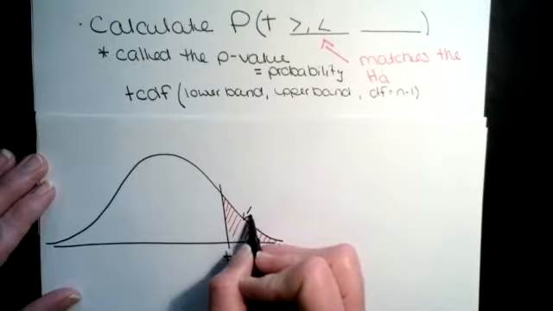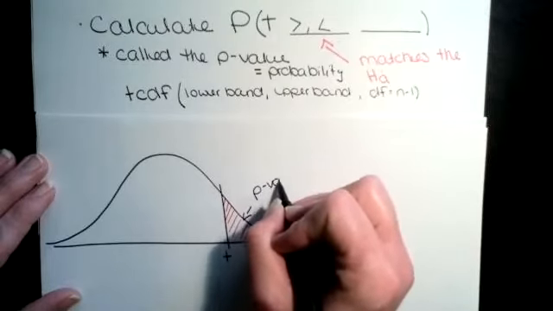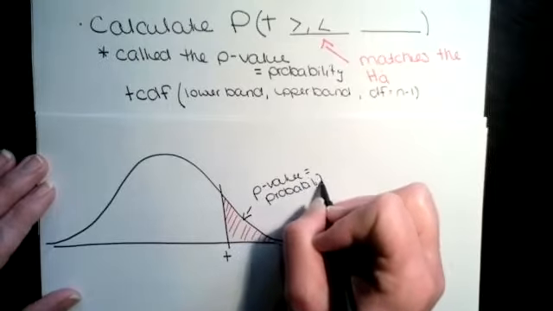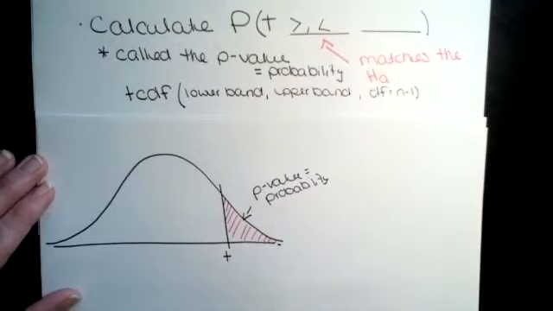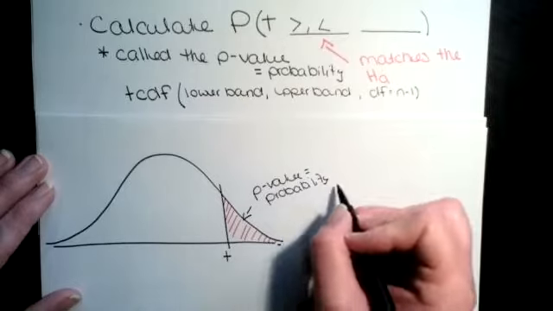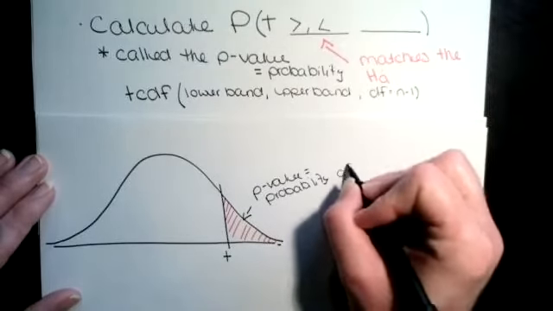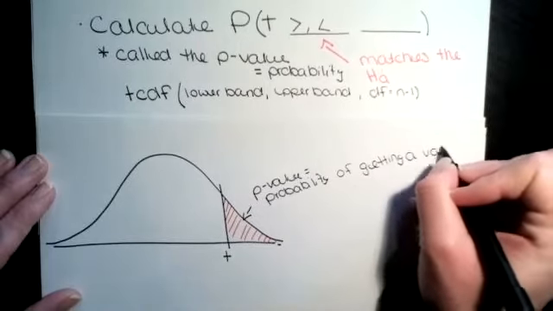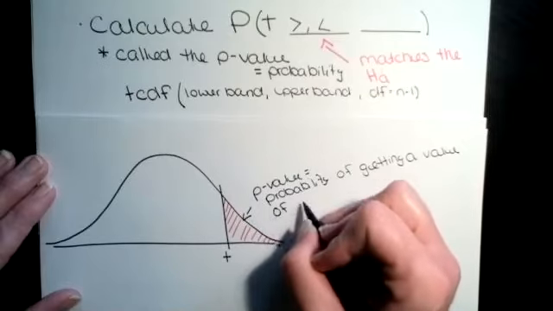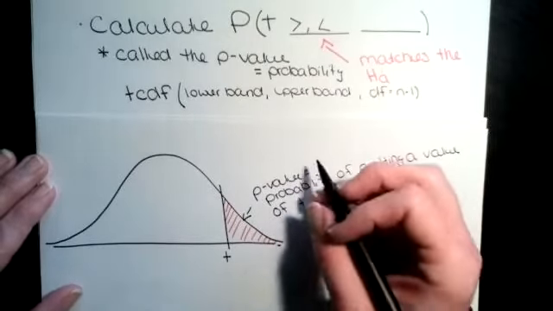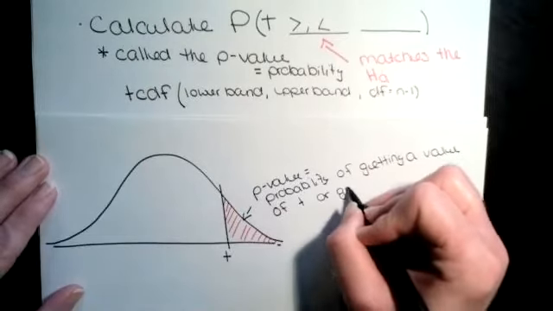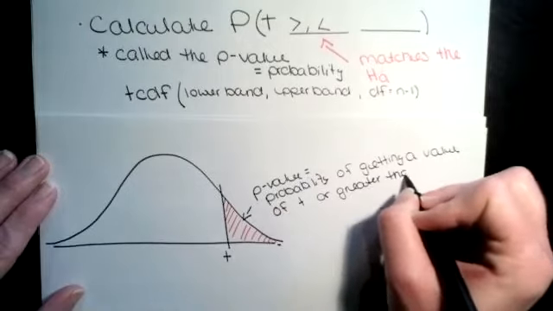So this right here is my p-value, equals the probability right here, that area in the curve. So what this is saying is this is the probability of getting a value of t or greater than t.